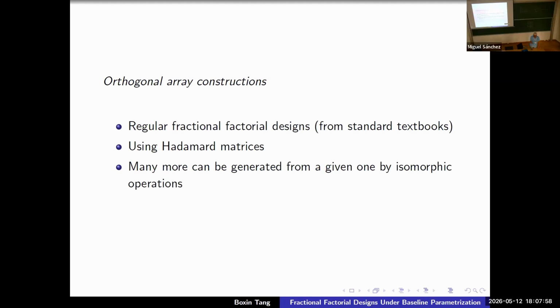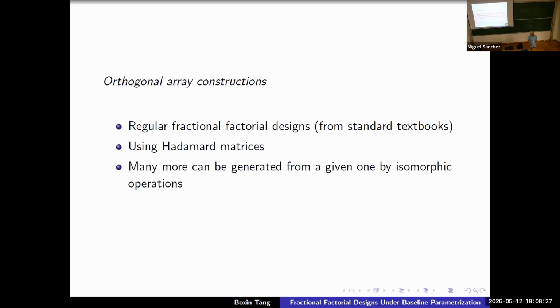For example, 20, 12, 28, you can obtain an orthogonal array. If you insist on using regular fractional factorial designs, you don't have a design for 12 runs, 20 runs, 28 runs, and so on. Okay.